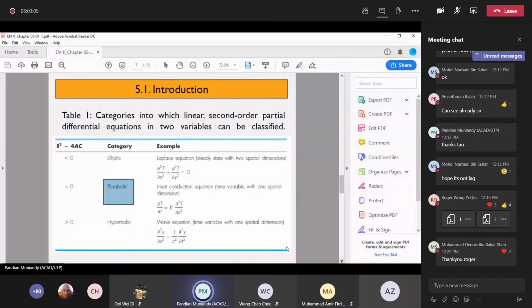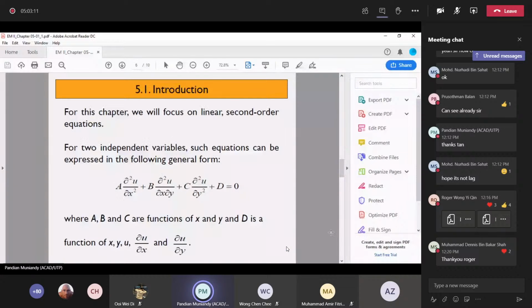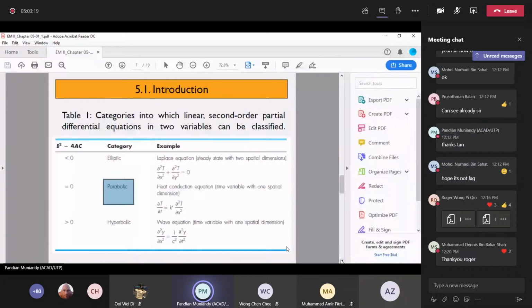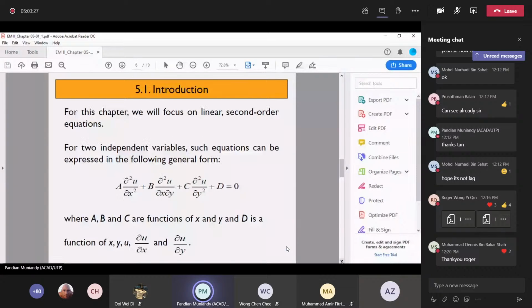B can be 0, A you can put any value, and C you can put any value. If it equals 0, then it is parabolic. You can test this.